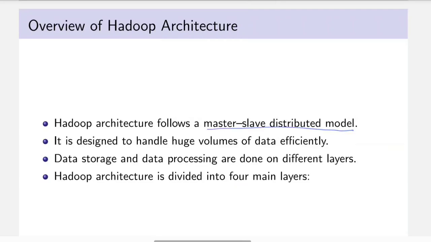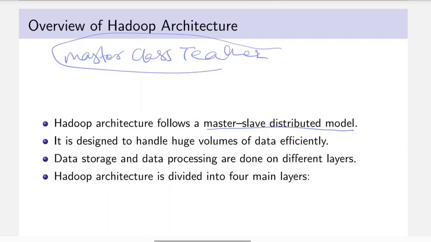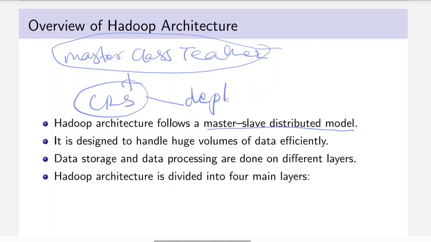Master slave model, in the sense, there will be a master node, let us say a class teacher, and he will be appointing some CRs and deputy CRs to do work combinedly.